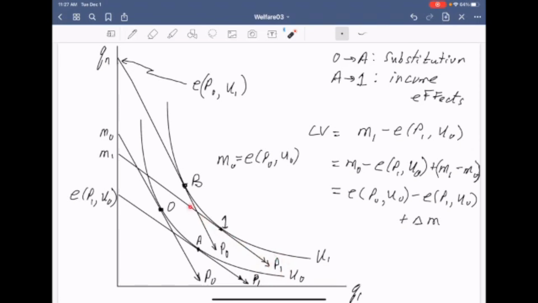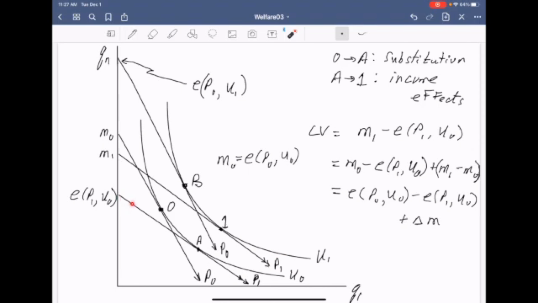So we find that the price ratio for M1, so what we've done is we've reduced the amount of income available to this person. The price has changed as well. It's gotten less expensive to purchase Q1, so the price of Q1 has gone down, and this is denoted by this P1. P0 is the original price.